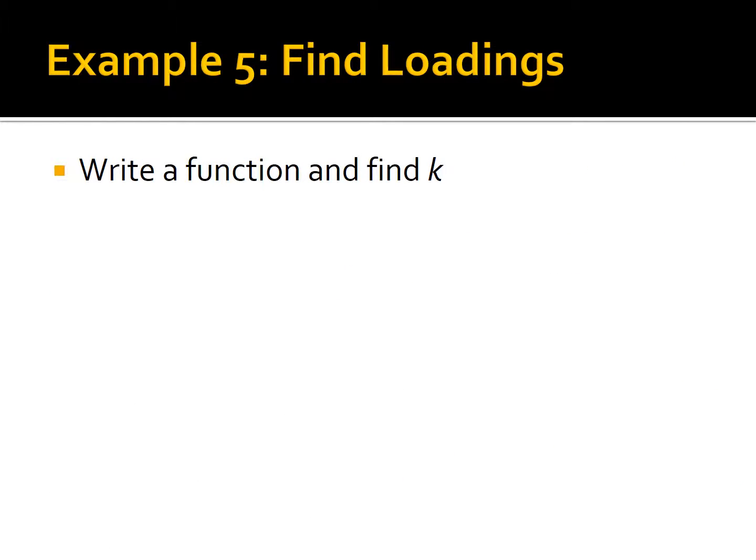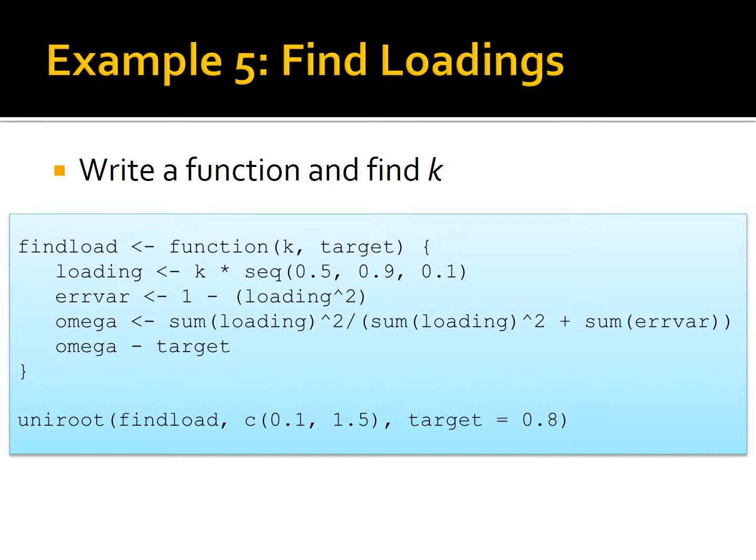So let's go to the function. I write the function such that I have k and the target reliability, so the loading is k times the sequence of 0.5 to 0.9 with the increase of 0.1. That is, we have 0.5, 0.6, 0.7, 0.8, and 0.9.